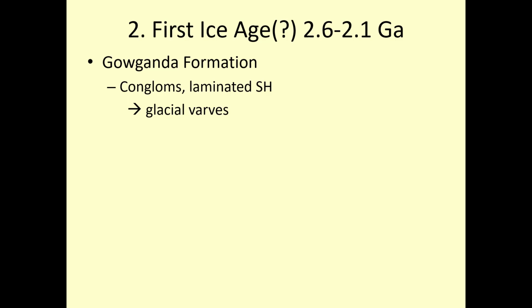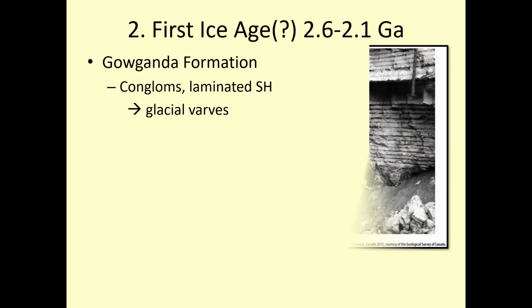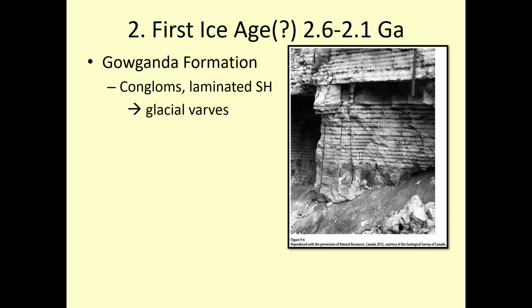So let's talk about what those might be. Here's a picture of the Gowganda Formation, and you notice that there's all sorts of mixed up rocks down here, followed by really sort of rhythmic and predictable layers of rock.